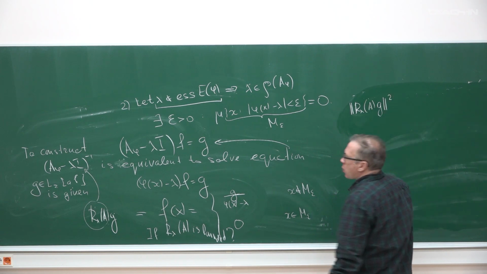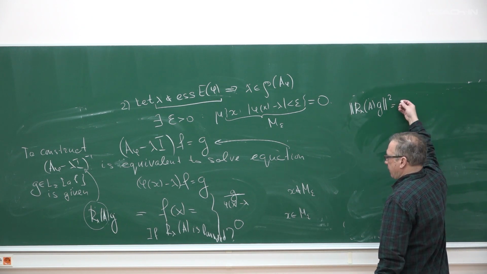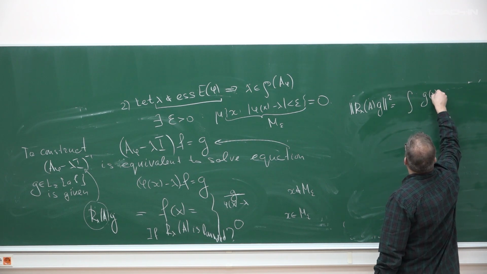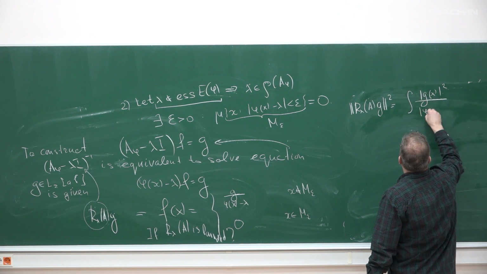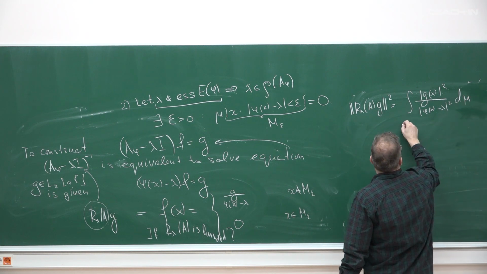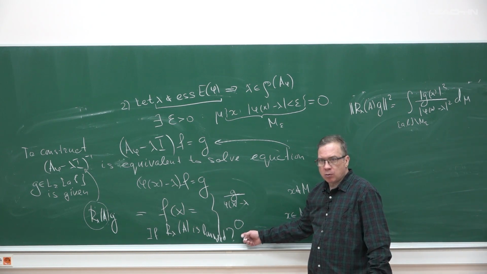And I again write the square of the norm, because I don't want to write square roots. It is by definition the integral of g of x squared over phi of x minus lambda squared d nu, over the interval ab without M epsilon, because on M epsilon we have 0.